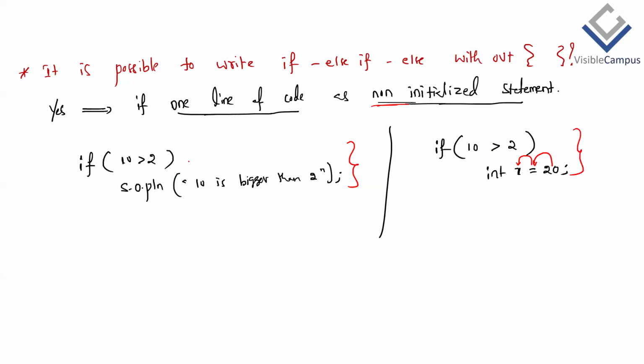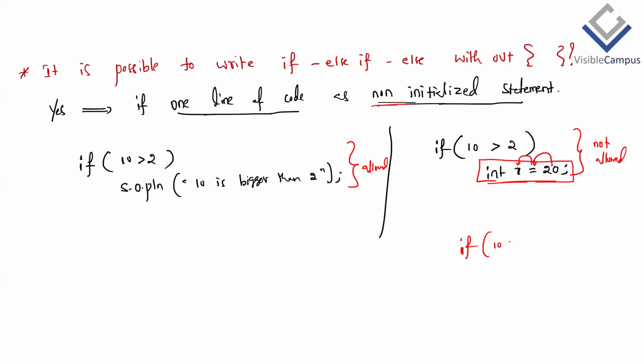Is this right? Without curly braces, one line of code, is this allowed or not allowed? This one is allowed. What about this one? It is not allowed. What's the reason? Because this is an initialized statement.